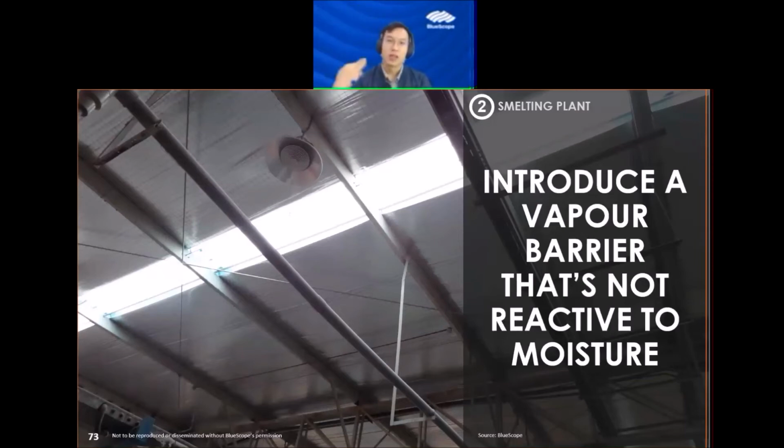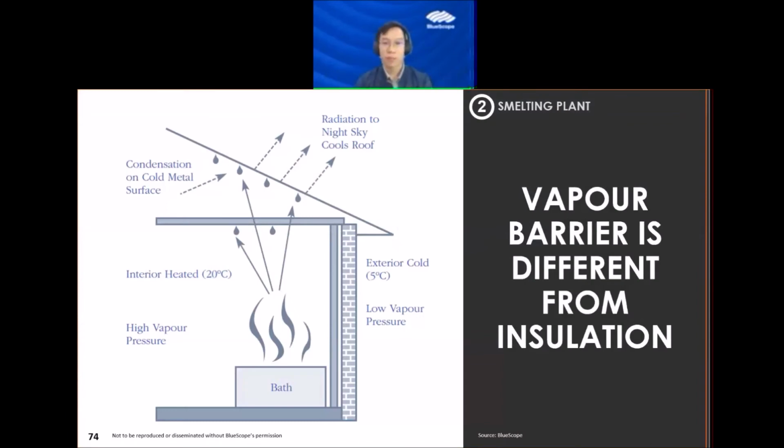And of course, sometimes people ask, what is a vapor barrier? Can you give me an example? A vapor barrier is not like a ceiling board. Sometimes with some ceilings, the moisture will actually transfer through the board and then go to the roof.